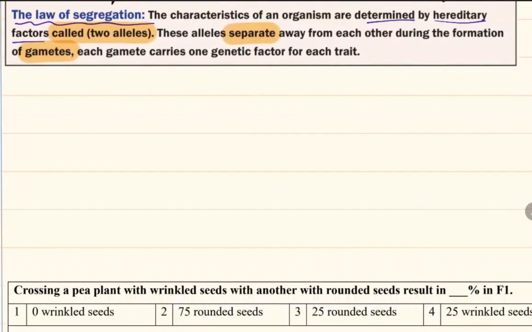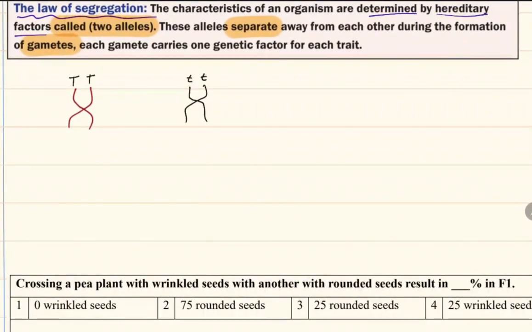Let's see how this happens. Imagine this is the chromosome, and these are the alleles of being tall. That's going to be T capital, T capital. And let's imagine this is the female. It has the recessive T small, T small. Now Mendel said every characteristic is carried on two alleles, and they will separate. They will separate during the formation of gametes.